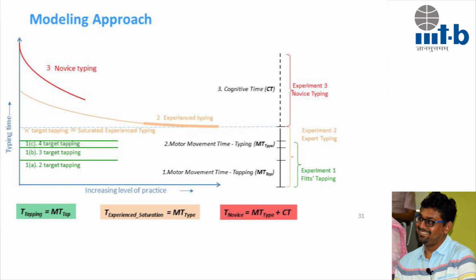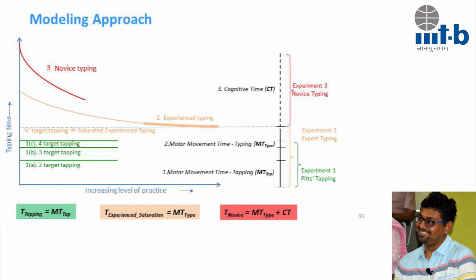that, so you would say that this orange color is the curve. Basically, what it shows is the typing time. The more you practice, the faster you become, so your time reduces. At some point, your expert level speed would come and you would saturate.